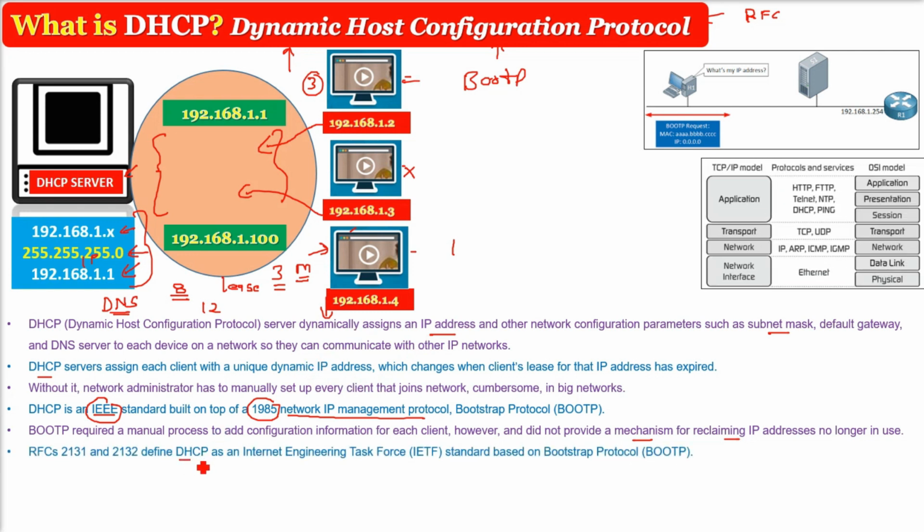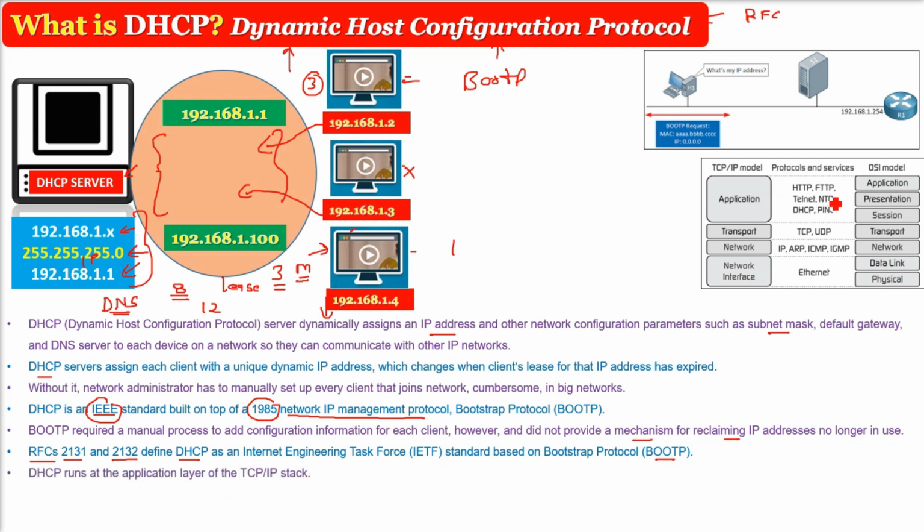For DHCP, RFC means request for comments, and this is standardized. The RFCs are 2131 and 2132, implemented by the Internet Engineering Task Force, IETF, and they are based on the bootstrap protocol.